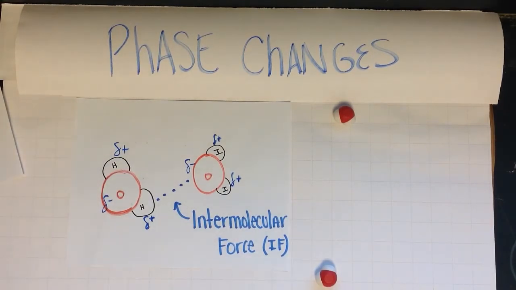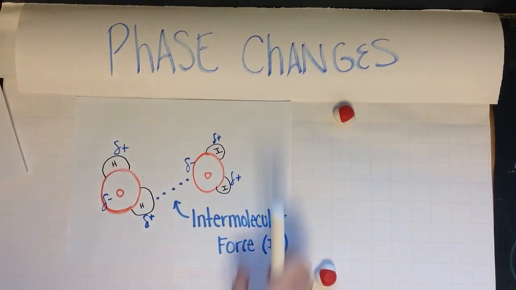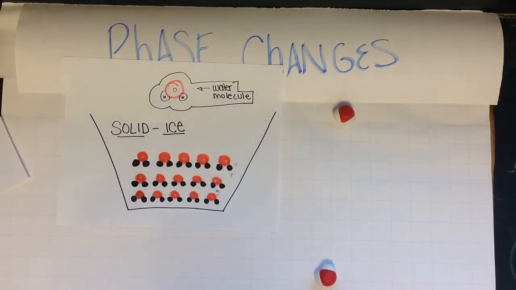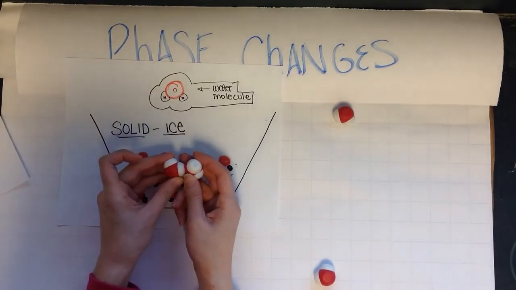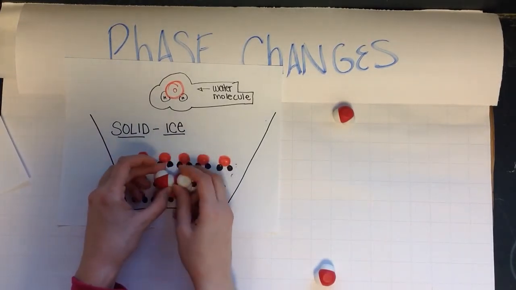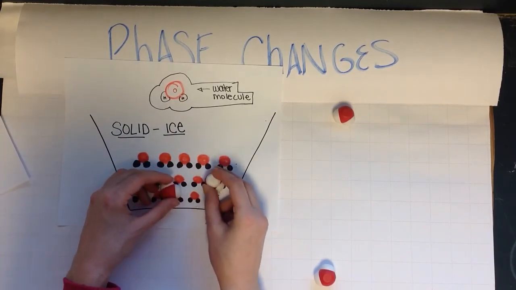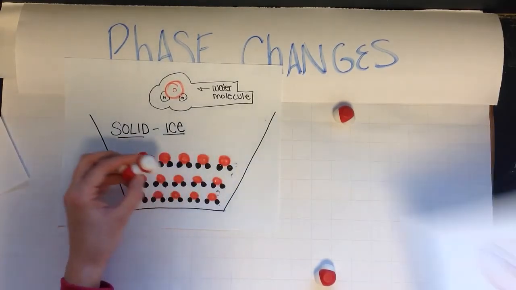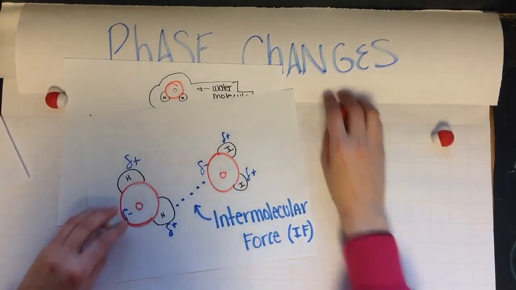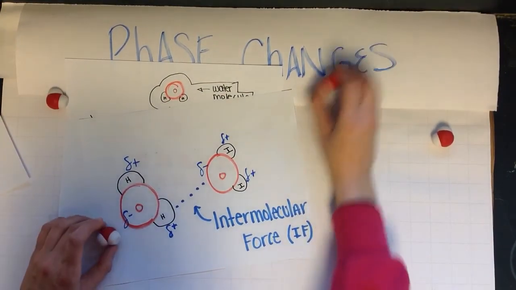So what has to happen is, in order for this solid to turn into the liquid, this intermolecular force has to loosen a bit. Think about what a liquid looks like. It's a bit looser. Now this intermolecular force isn't going to completely break apart, because if it does, then you've got all these gases really far apart.